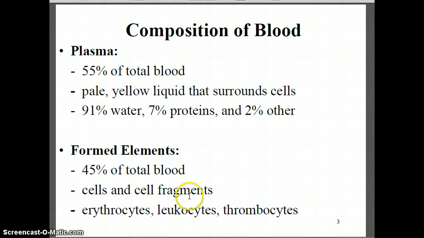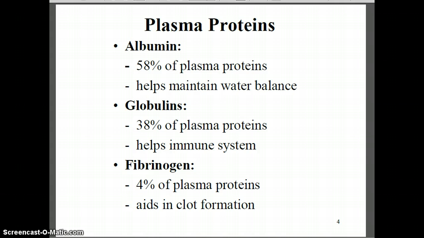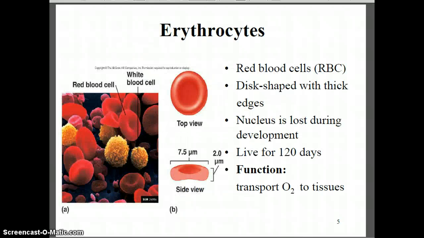The types of formed elements are erythrocytes, which literally means red cells, leukocytes, which literally means white cells, and thrombocytes, which actually means particle cells. Plasma proteins: this tells you what percentage and what the main functions are for each of the plasma proteins. I advise you to review this.